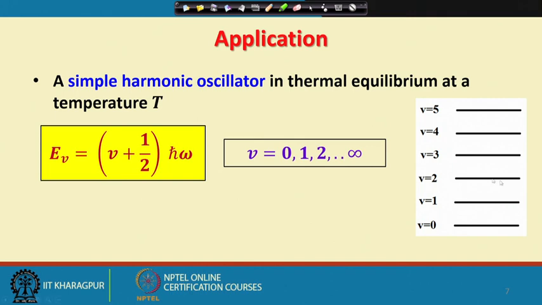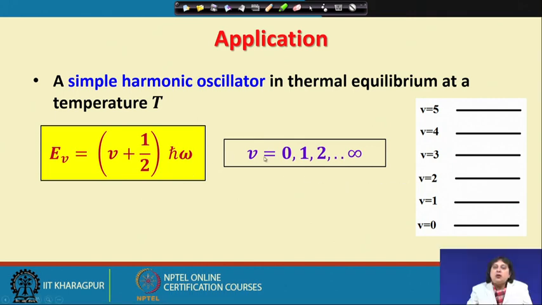So, in this case, when I write down the energy states, I write it down in terms of a quantum number v that varies from 0, 1, 2, etc. So, it can take up integral values, and there are infinite number of possibilities. For a given value of this quantum number v, you can find out the associated energy value of this energy state, and that is v plus half times h cross omega, where omega is the angular frequency of the oscillator.